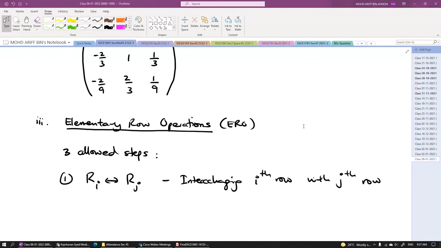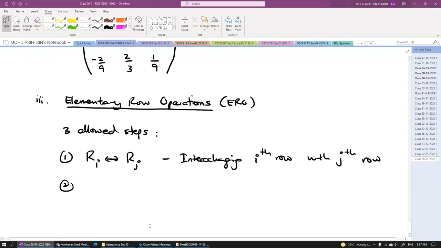Okay, that's the first one. The second one is multiplying a row with a scalar, a constant. For example, K multiplied by Ri, or Rj, it doesn't matter, just to represent our row. K here is your scalar, or constant.